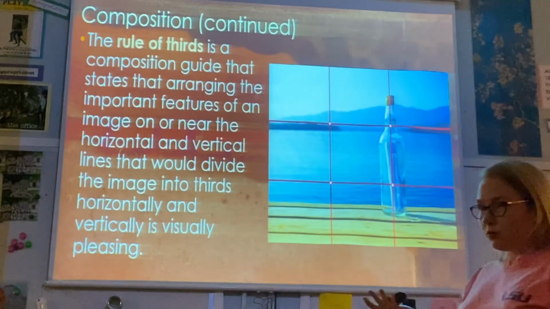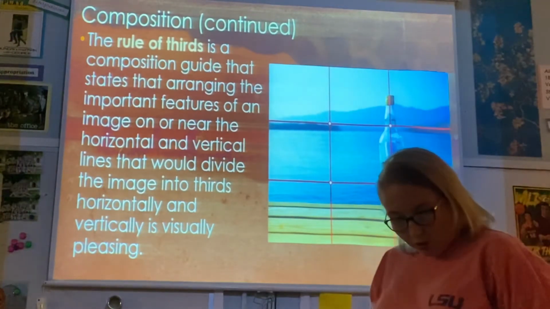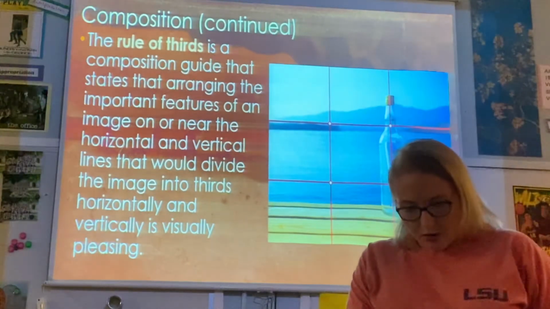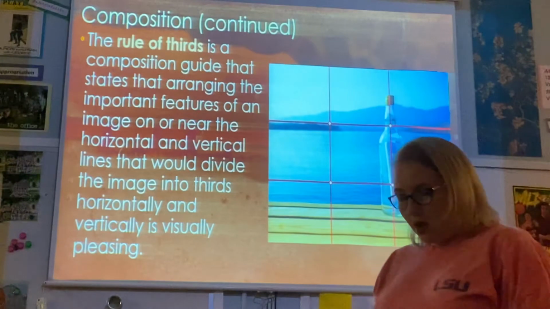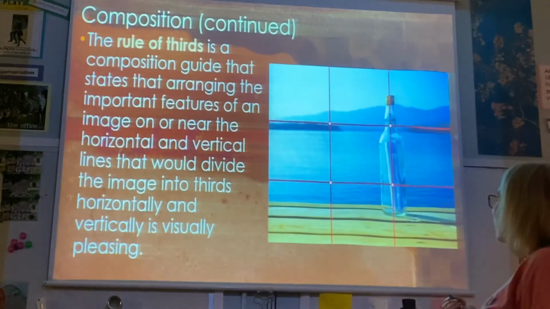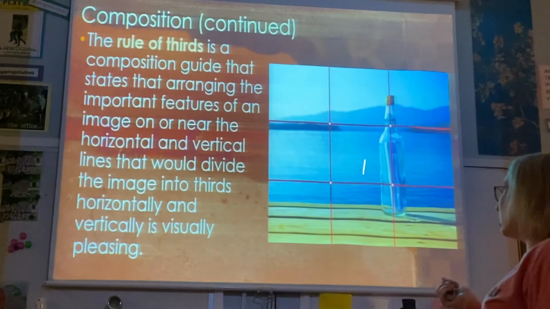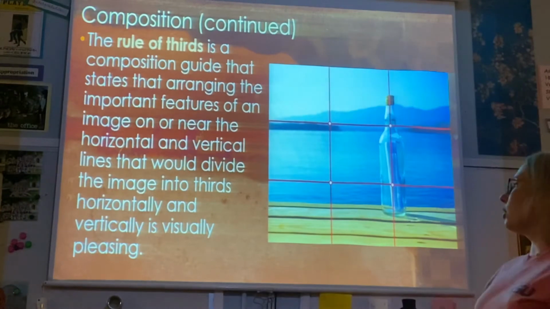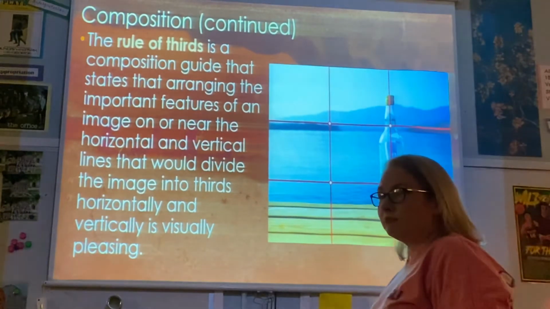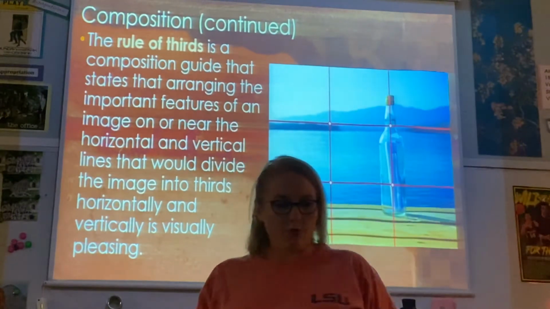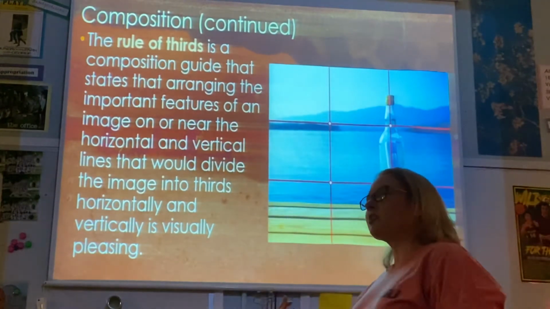So on your notes, I want you to try it. So I have the bottle right there and it's off to the side. I want you to draw your little tic-tac-toe board on there and then tell me if you like the one that's in the center or if you like the one over to the side. Now, is there a wrong answer? No, there's no wrong answer because remember, art is subjective.